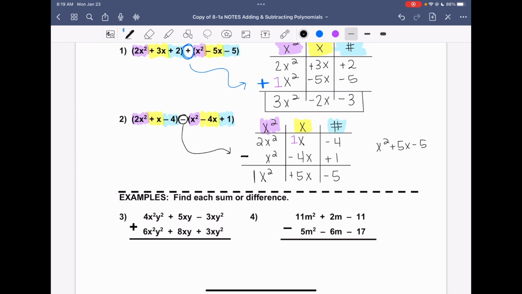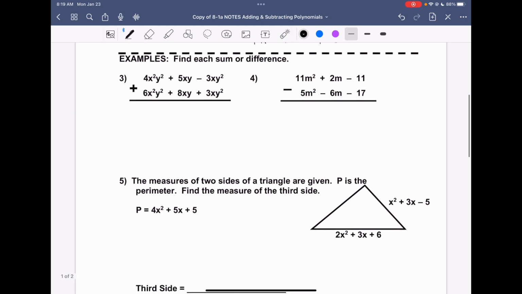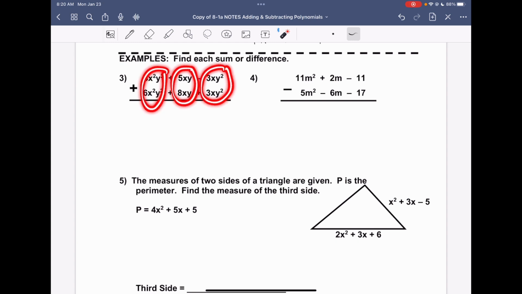Okay, all right. So for these examples down here, if you look at your notes, it's the same thing as the column trick, okay? You want to find the sum or difference. They're already separated, so you just make sure that they're lined up. But you notice that they're already kind of separated as if they're in the column trick.